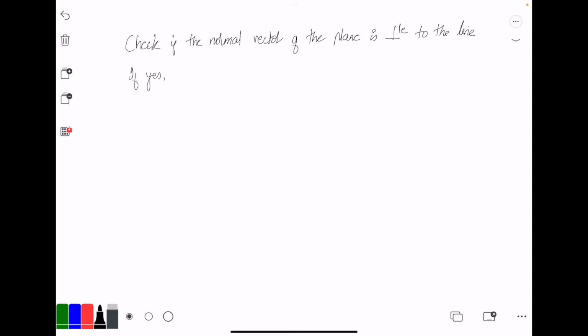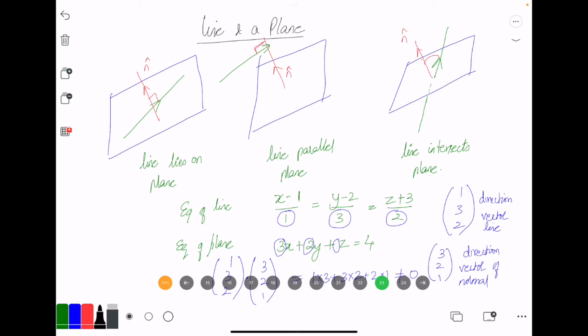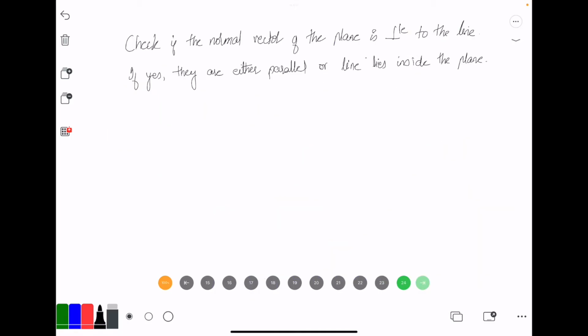If yes, they are either parallel, meaning the line and the plane, or the line lies inside the plane. In the example previously, we've seen that it is not perpendicular.